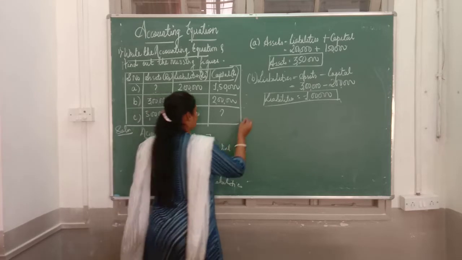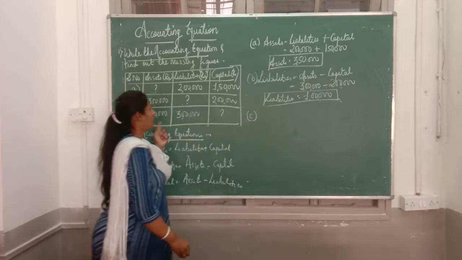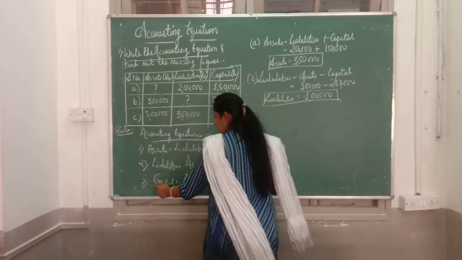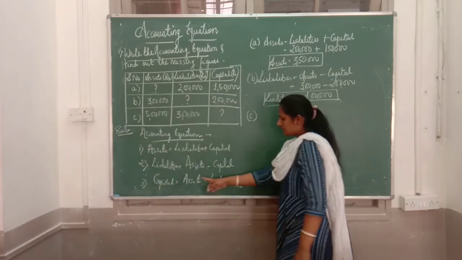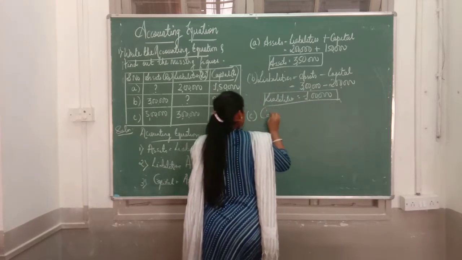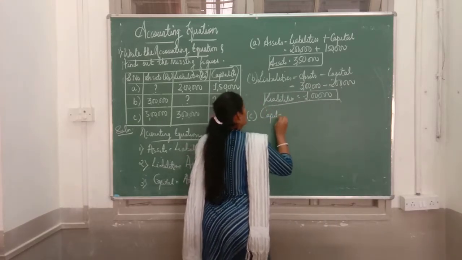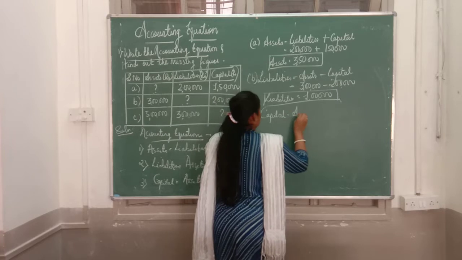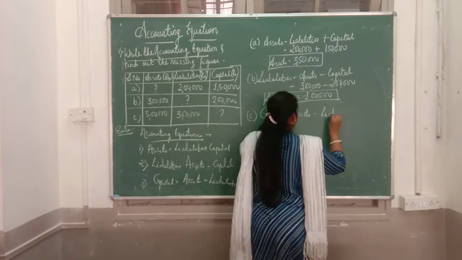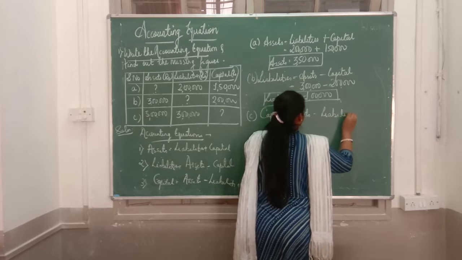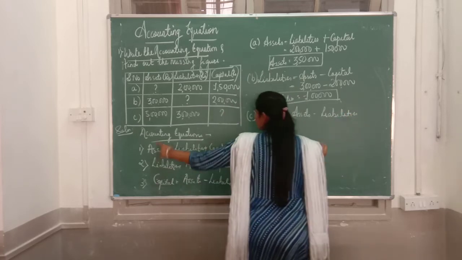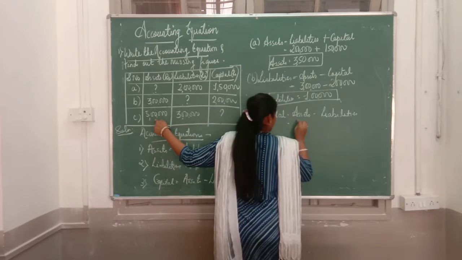C part. In C, what is missing here? Capital is missing. So take the third formula: capital is equal to assets minus liabilities. How much are the assets in the third? 5 lakhs.